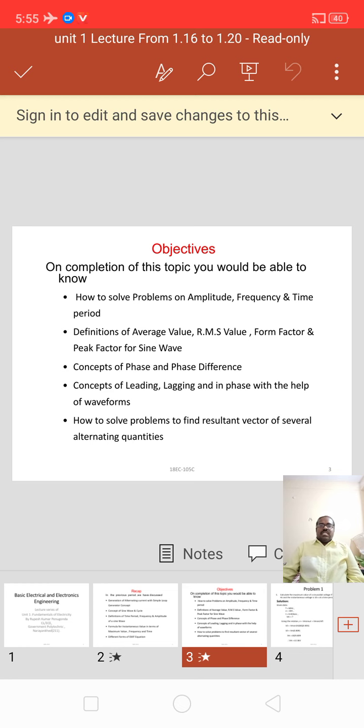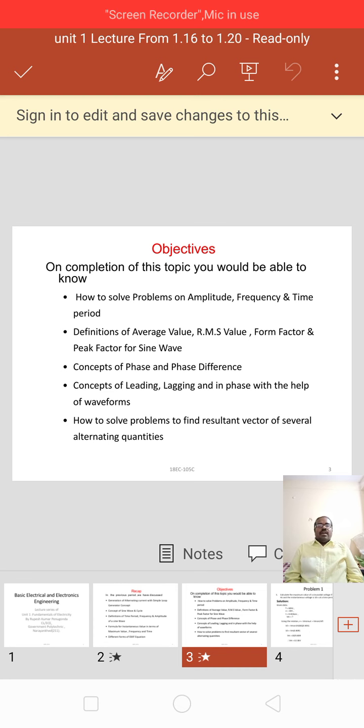Generally, these concepts are mainly used in electrical engineering. AC fundamentals get much attention from electrical engineering students. We have a simple and short way to learn these concepts. Before this, we learned about the sine wave, the concept of cycle, frequency, time period, amplitude, and peak to peak value.